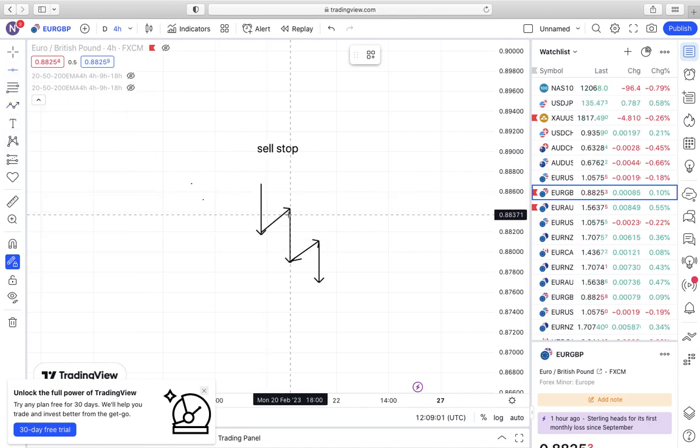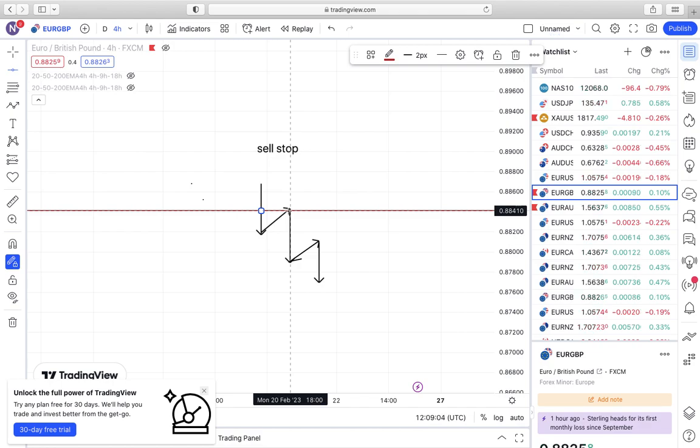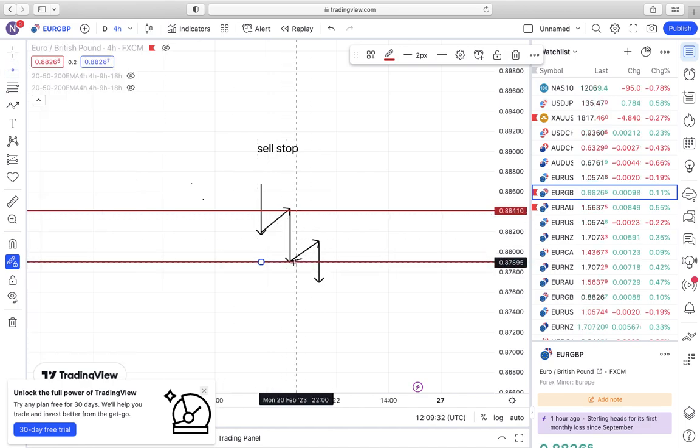You know very well that this price will continue going down. Let me say you make an entry somewhere here, and when the price reaches here, your order will be activated.